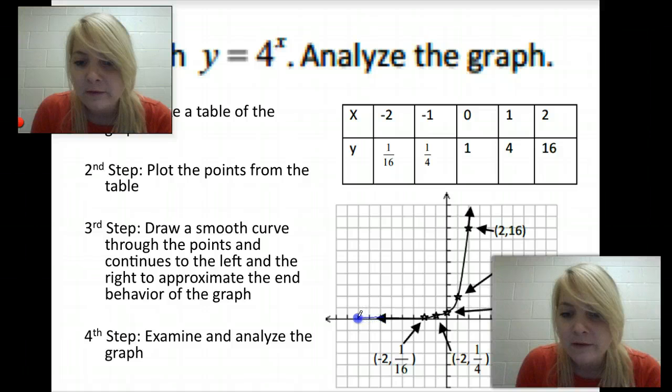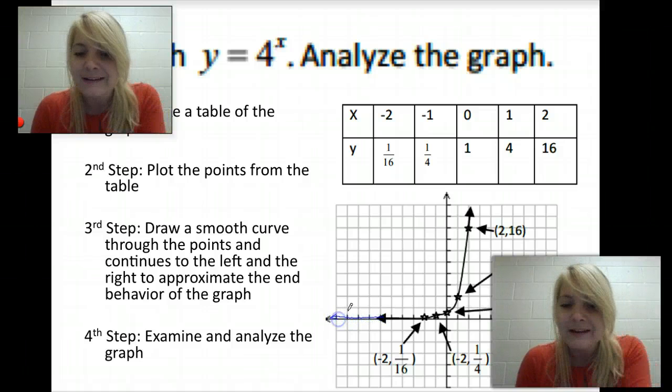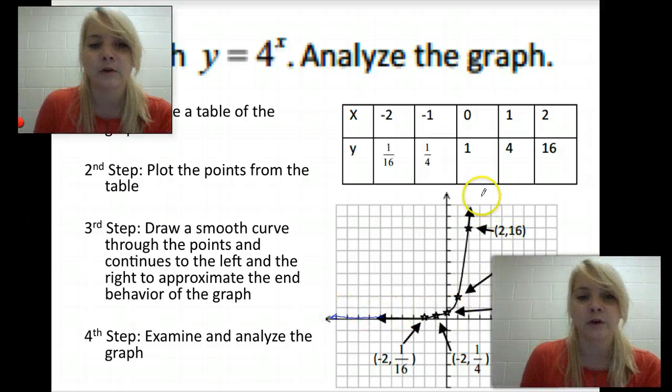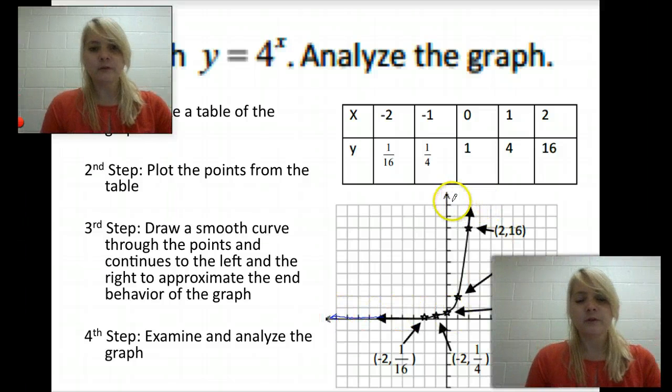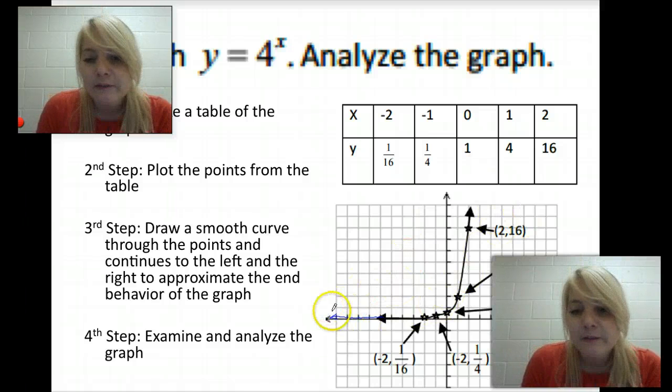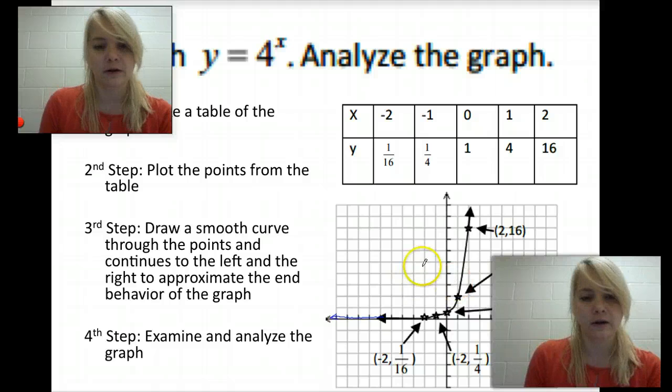And one thing, as I always say, we want to make sure our lines go to the edges of the graph that you're given. So this is a smooth curvature from the left and to the right. So we're not connecting them with straight lines, we're going smoothly across there.